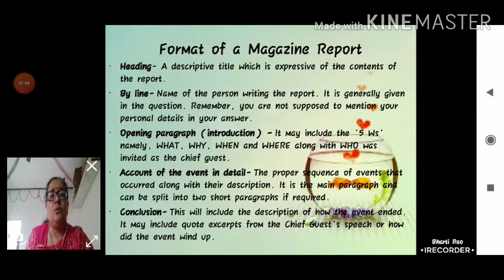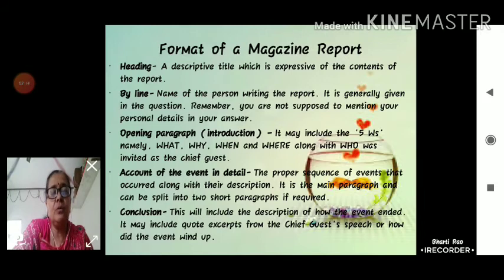Then you start with your opening paragraph. Now in your report writing, when you write the introduction, your introduction should contain the 5 W's, just as you write in notice writing. There also you have to answer the 5 W's. Same way, you need to answer the 5 W's here also.